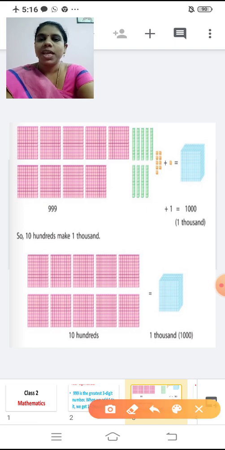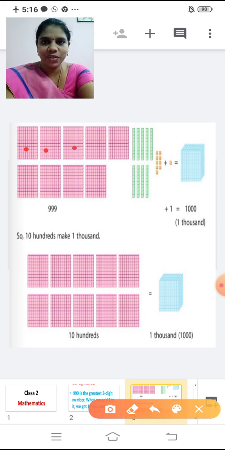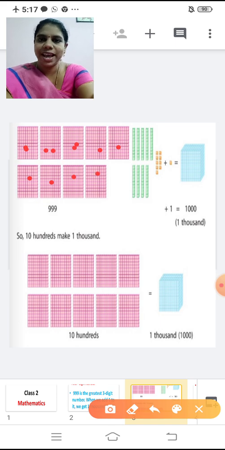Now what is this, children? This one is the block of hundreds, right? Now count how many hundreds are there. 1, 2, 3, 4, 5, 6, 7, 8, 9. 900.